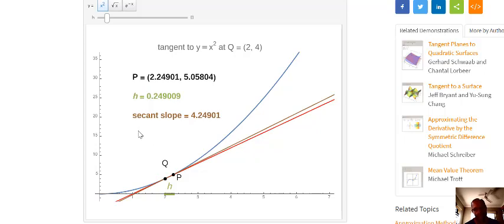Why not just use that? Well, if you're calculating with the methods that you know already, we're talking about gradient of a straight line, and we're talking about rise over run.